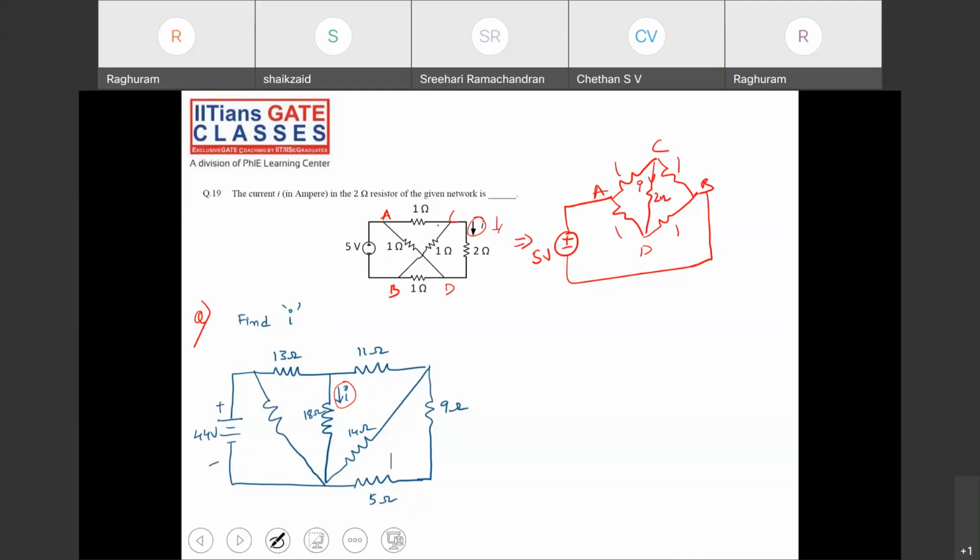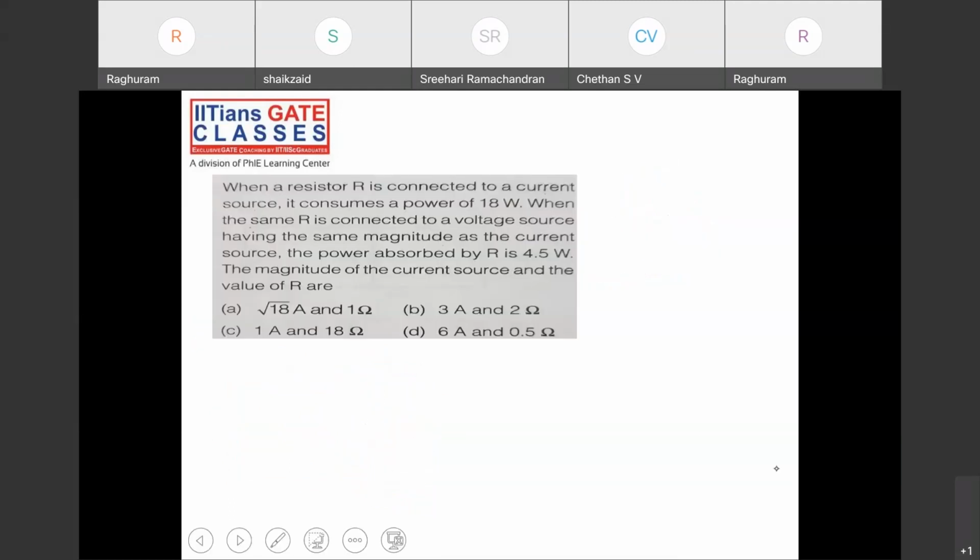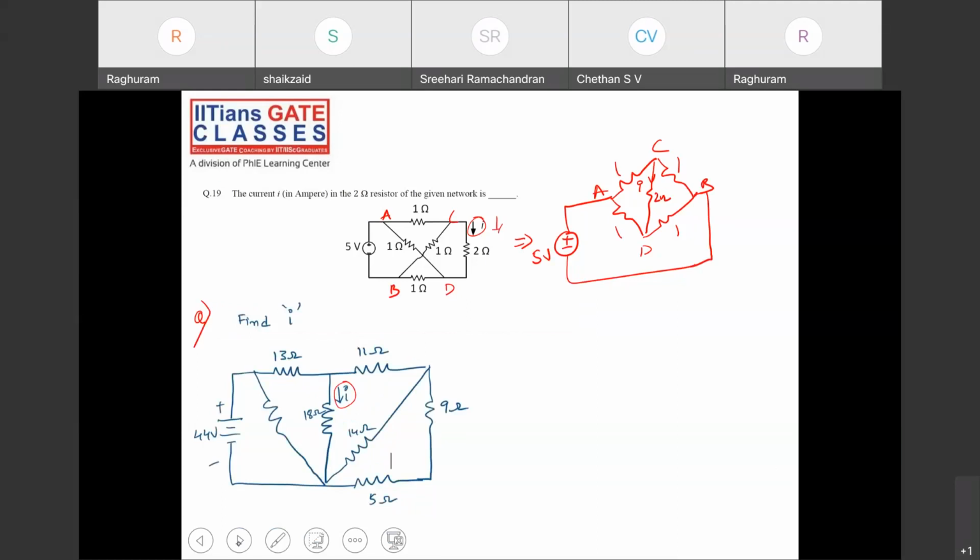Between A and C there is a 1 ohm resistor, and between A and D there is a 1 ohm resistor. B and C there is 1 ohm resistor, and B and D one more 1 ohm resistor. Between C and D there is a 2 ohm resistor. Again the same concept, whenever you see a Wheatstone bridge, the first thing to do is check for balanced bridge condition.